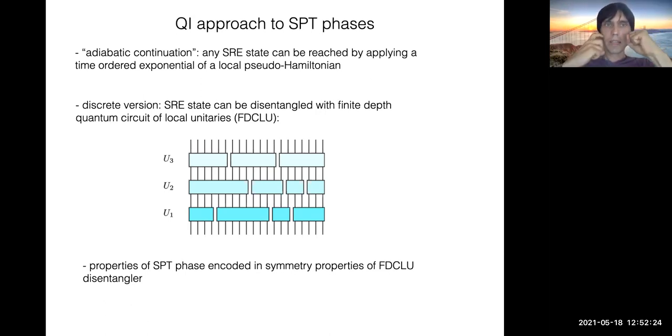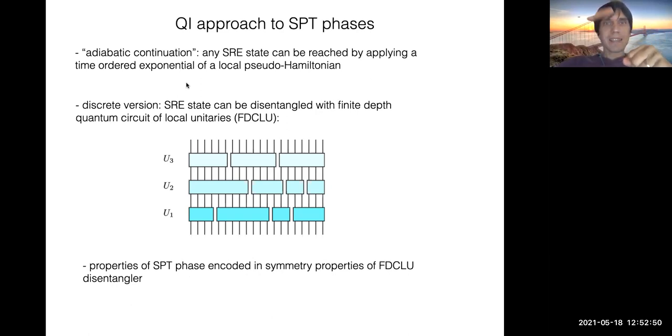The key point was that within this oval, there was a special state, or a special Hamiltonian with an associated state, which was just a trivial tensor product ground state. The idea is that any other state in that oval can be reached by continuously varying parameters in the Hamiltonian. That's the definition of having a phase.